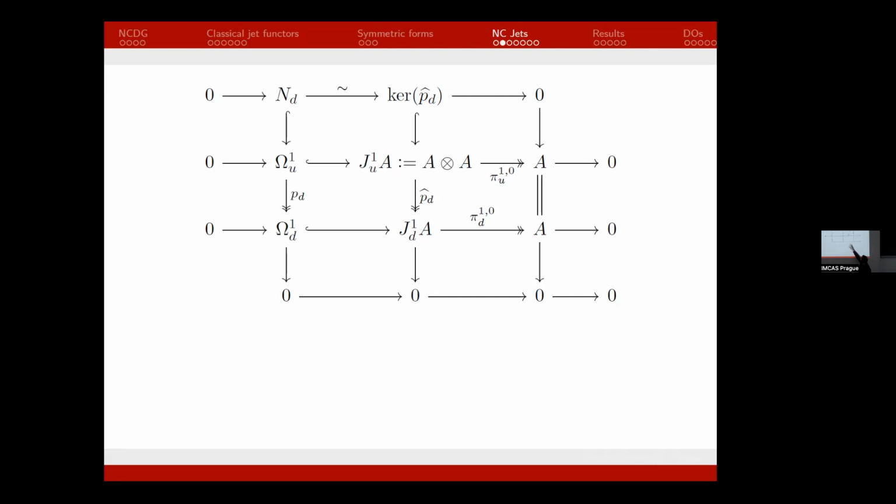So as a left A module, this will be represented by a direct sum, and we can see them as matrices. We can choose this mapping so that it's compatible with the identity here and with the inclusion there. It will become less important, because this is just how we find the form of the one jet. We will find an explicit description and then it will be clear what we have.